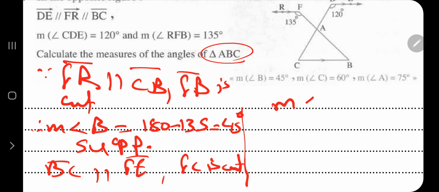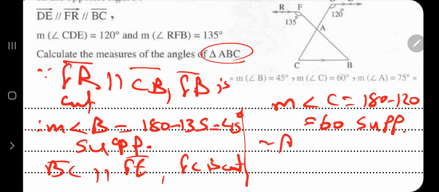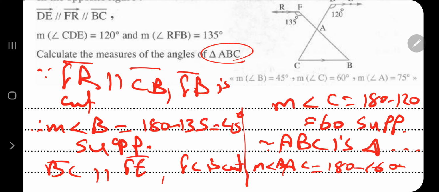That means the measure of angle C equals 180 minus 120 equals 60, supplementary interior. After that, since ABC is a triangle, the sum of the measures of its interior angles is equal to 180. That means the measure of angle BAC equals 180 minus 60 plus 45, which is equal to 75 degrees.